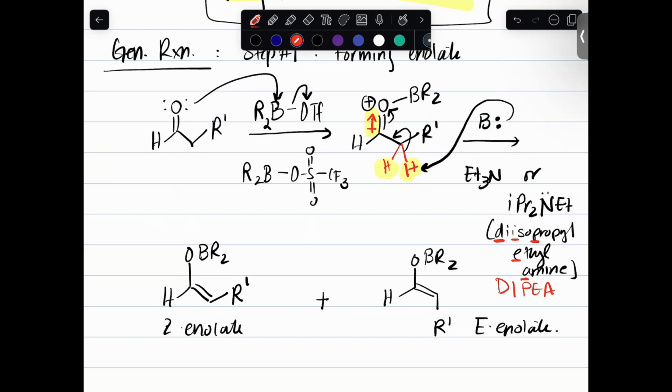Diisopropylethylamine. Really popular amine base. Typically, people just say, I'm using DIPEA, and everyone knows that it's diisopropylethylamine.